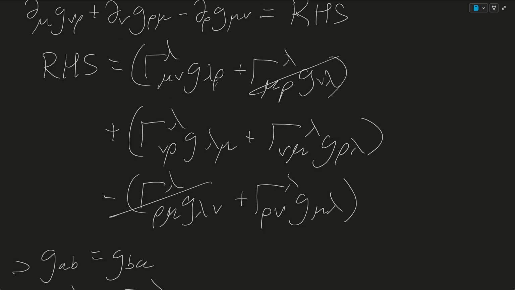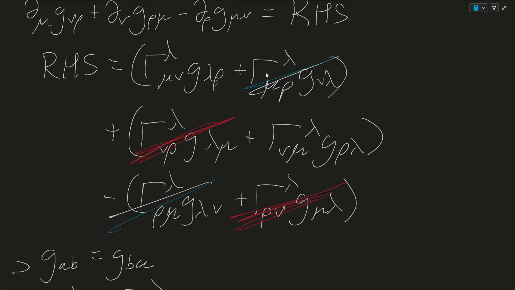I'll do it in a different color pen because I might make it slightly clearer. That cancels with that, and the other one is nu rho lambda mu cancels with the other negative term, I think. Mu lambda, yeah. Okay, so that's what cancels.